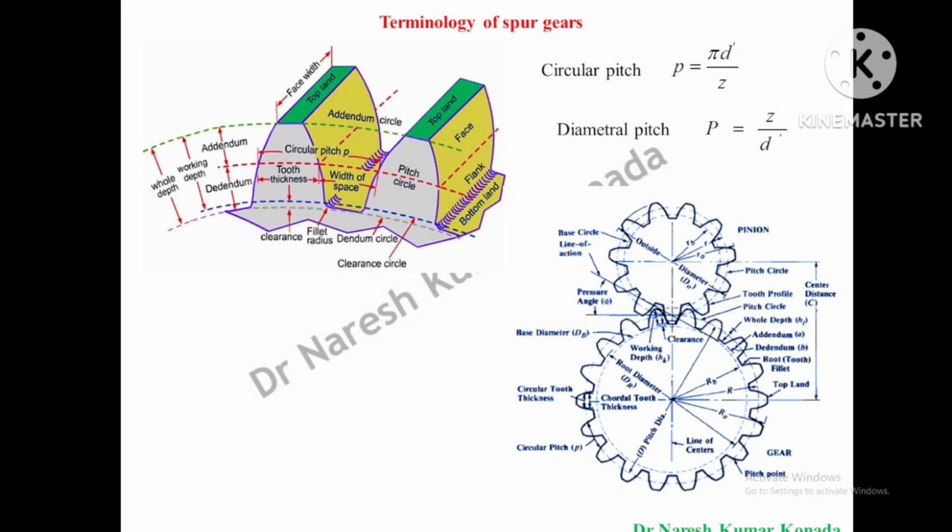I'm specifying only the important formulas related to the terminology for solving problems. And if you multiply the circular pitch and the diametral pitch, you will get the value pi. Small p into capital P is equal to pi.